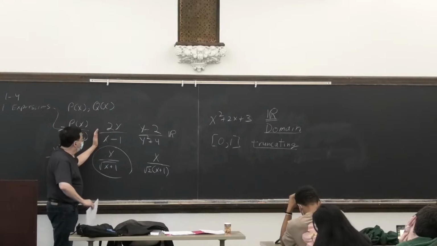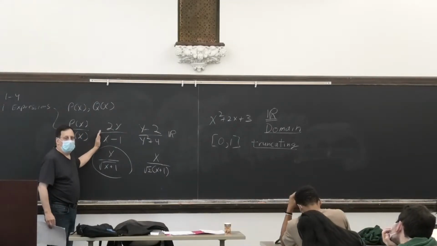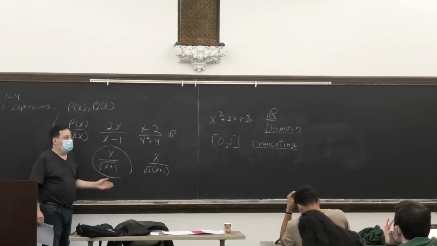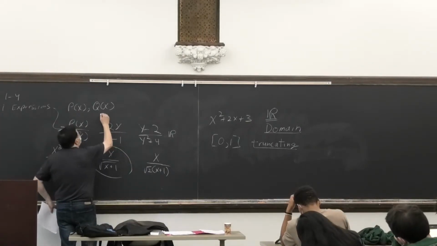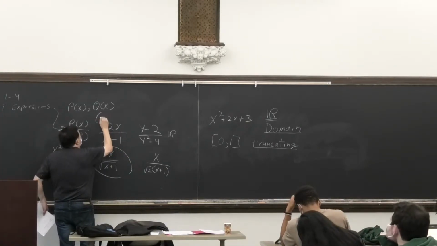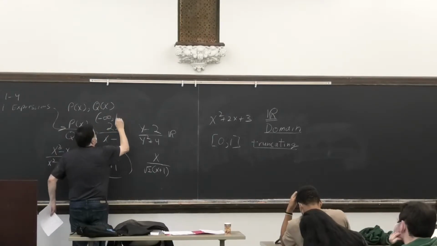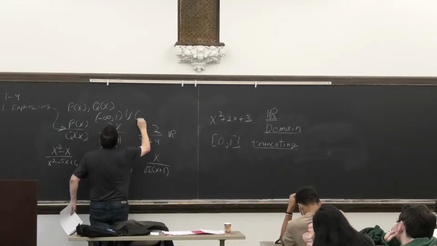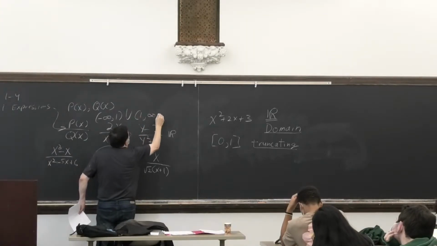This expression, 2x over x minus 1, has a limitation. You can see right away, x can't be 1. It's got to be undefined. So you can write this as negative infinity to 1 union 1 to infinity.